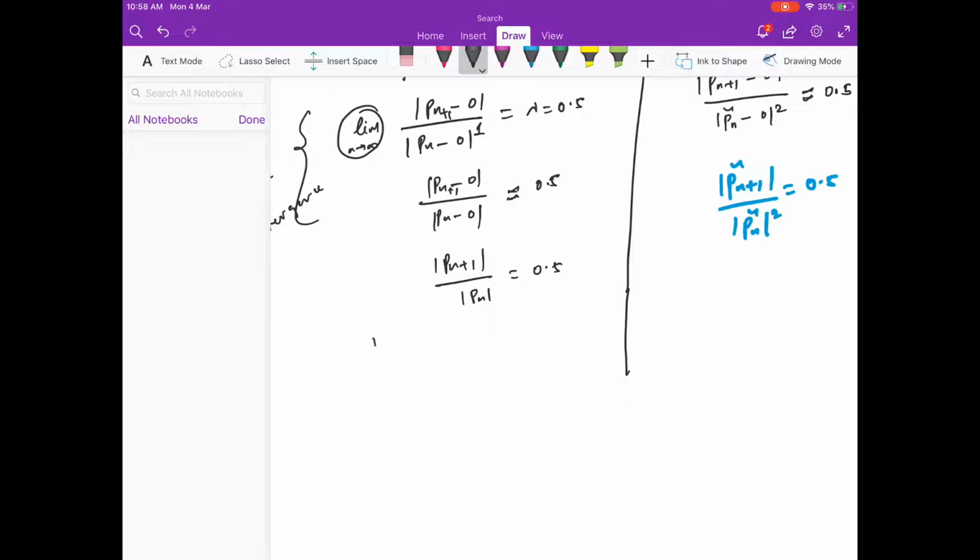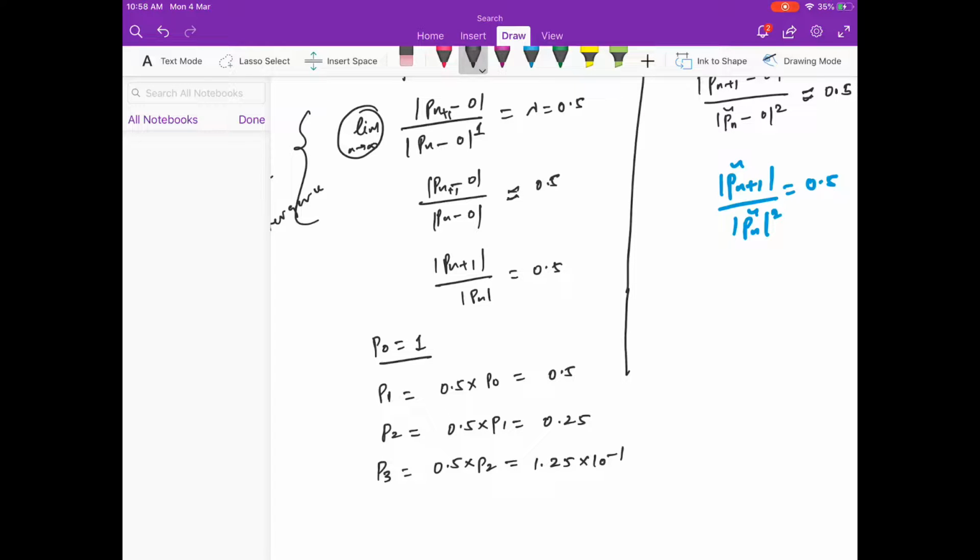You start with P naught equal to 1. So your P1 is going to be 0.5 into P naught, which is 0.5. Then P2 is 0.5 into P1, which is 0.25. Then P3 is 0.5 into P2, which is 1.25 into 10 to the power minus 1.